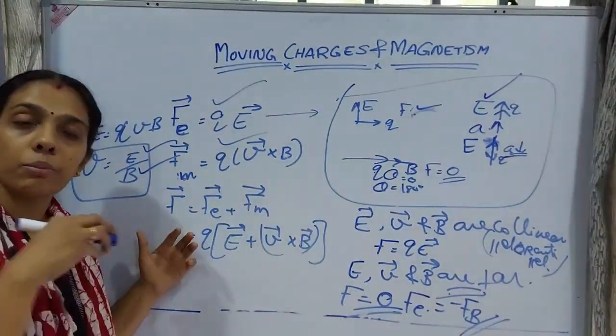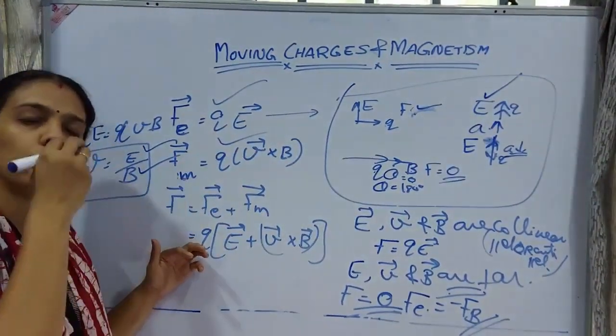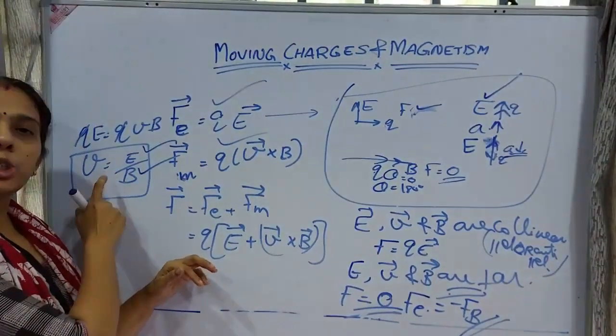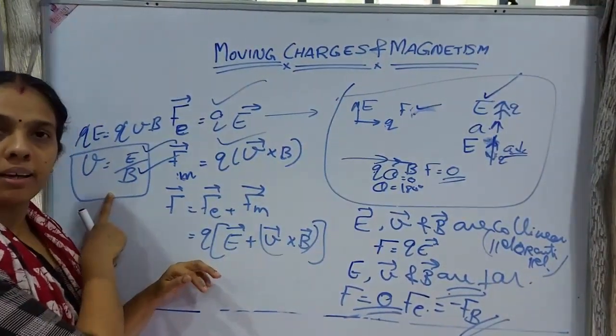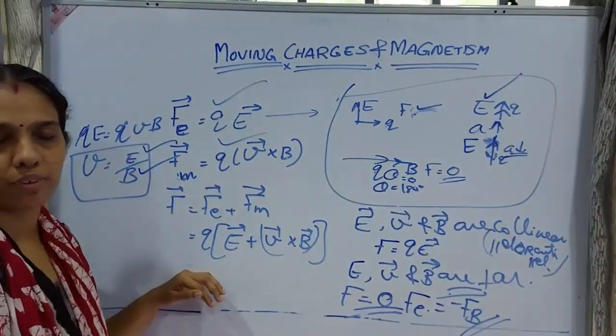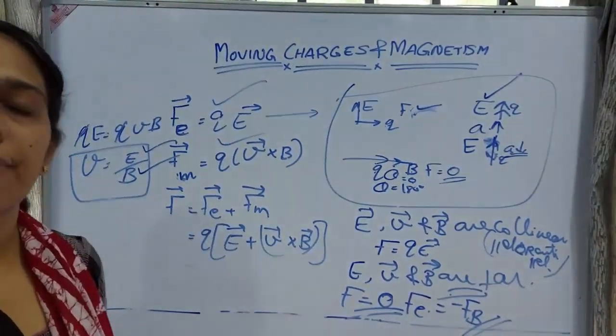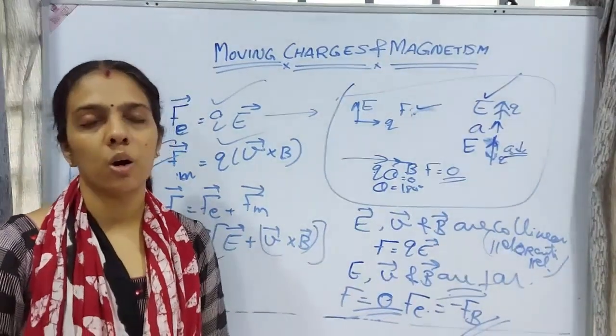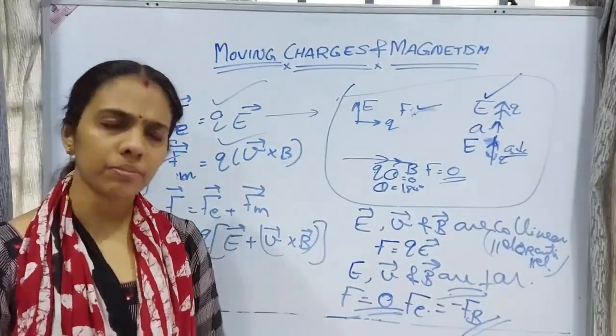We can choose the velocity by changing the value of the electric field and magnetic field. This is known as a velocity selector or velocity filter.